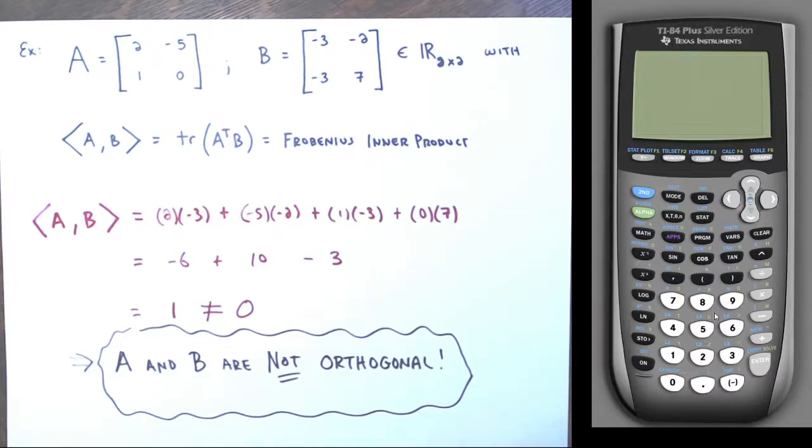Again, just pay attention to what inner product space you're in. How is the inner product defined? That will determine whether or not you have orthogonal vectors. You take the inner product of the two vectors. If the inner product is equal to 0, they're considered orthogonal. If it's not equal to 0, they're not orthogonal. And if they are orthogonal, a reasonable follow-up question would be, are they orthonormal? Then you take a look at the norms of the vectors.